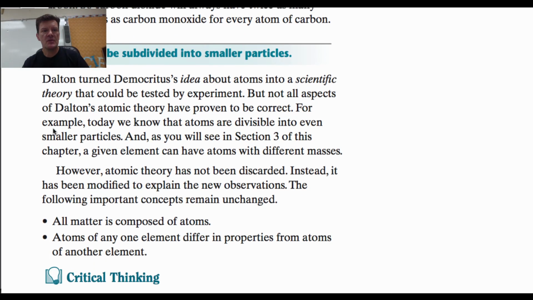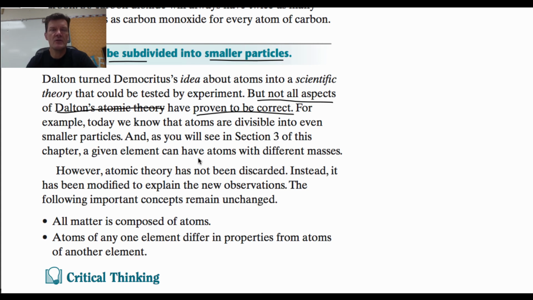Inside of the atom, we are going to be looking at some of the subatomic particles. So atoms can be subdivided into smaller particles. All right? So along comes some other scientists to do some more work, and they build upon Dalton's ideas. Not all aspects of Dalton's atomic theory were proven to be correct.